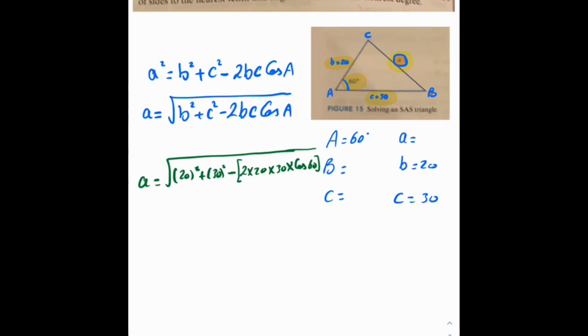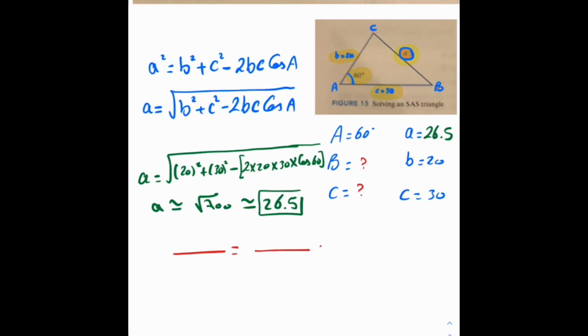By using my calculator, I figure out that the value of a is approximately the root of 700, which is approximately 26.5 to the nearest tenth. So a here is 26.5. Then the second part, to solve the triangle and find the measure of the angles B and C, is to apply the sine rule. What is the sine rule?